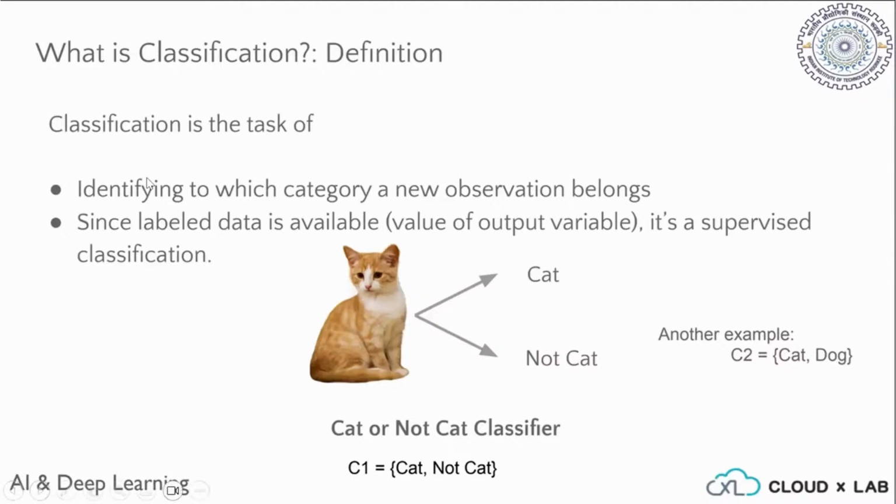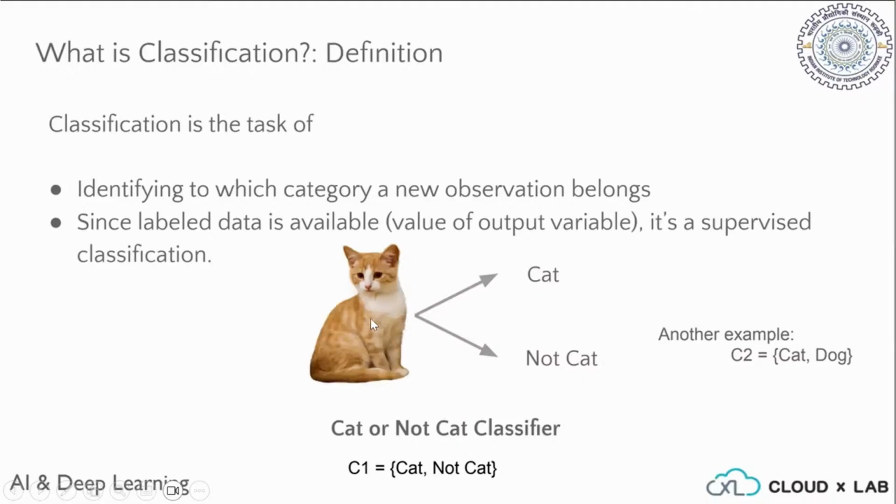Okay. So classification is the task of identifying to which category a new observation belongs, which means, let's say, given an image, we want to predict its category, right? And here, since labeled data is available, we already know the input-output pair.